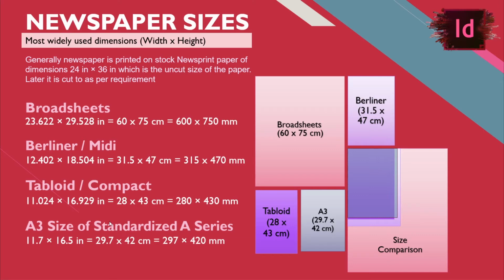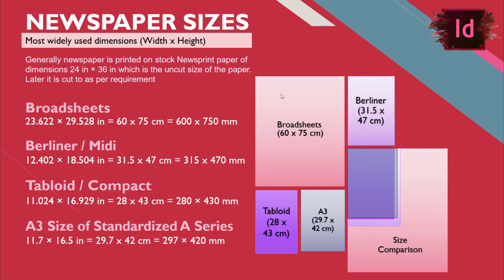Last of the row is the standardized A series size, which is A3. A3 is very similar to tabloid, with 11.7 inches by 16.5 inches, which is 29.7 by 42 centimeter, and which translates into 297 by 420 millimeter.